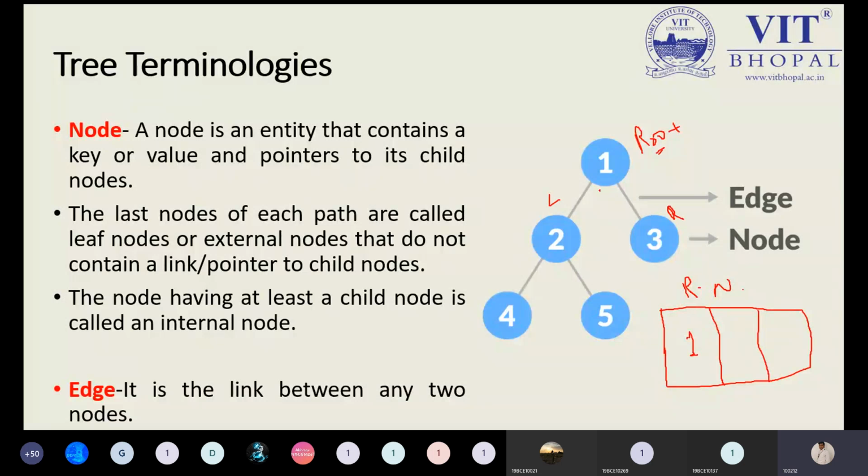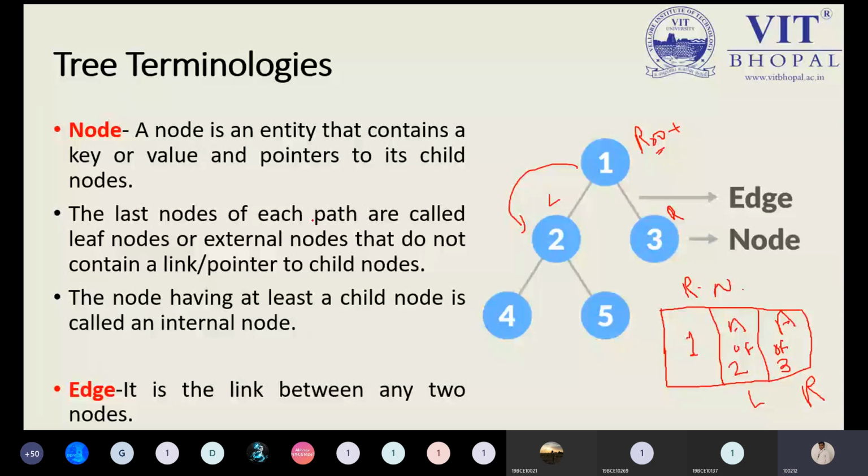The left part is represented by the address of the second node, so it will give the address of 2, and the same thing is represented by the address of 3. So we can say a node in a tree can have three parts: the value, the address of the left subtree, and the address of the right subtree, or the right node and left node.